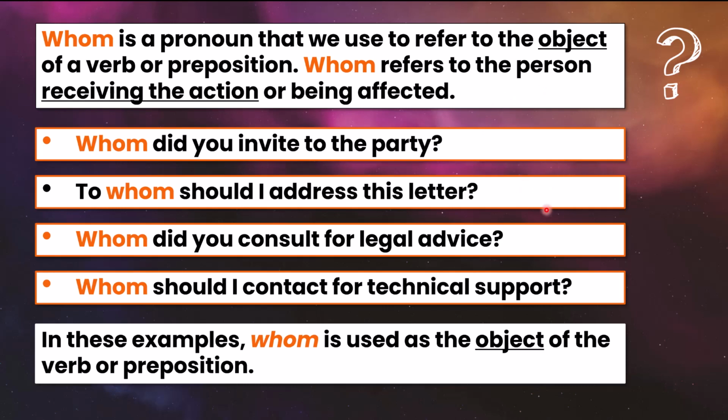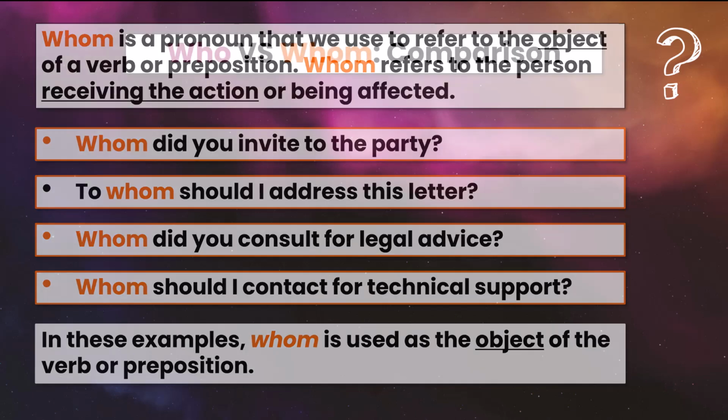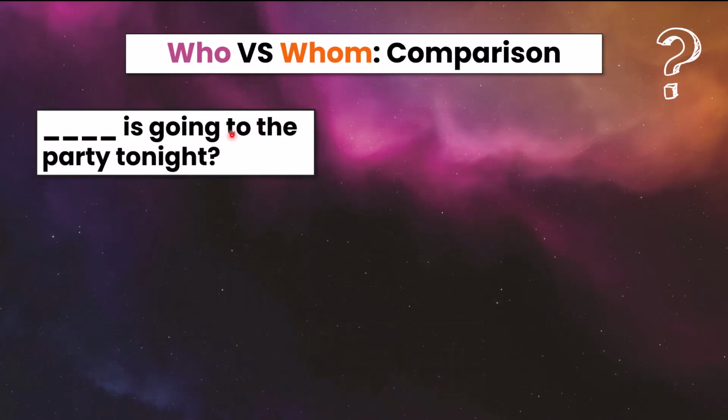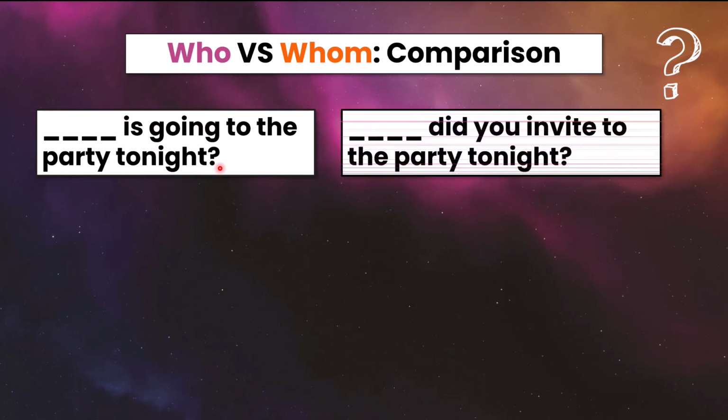This might seem complicated, so let's look at a trick of how we can tell the difference. Let's look at these two questions. Is going to the party tonight versus did you invite to the party tonight?